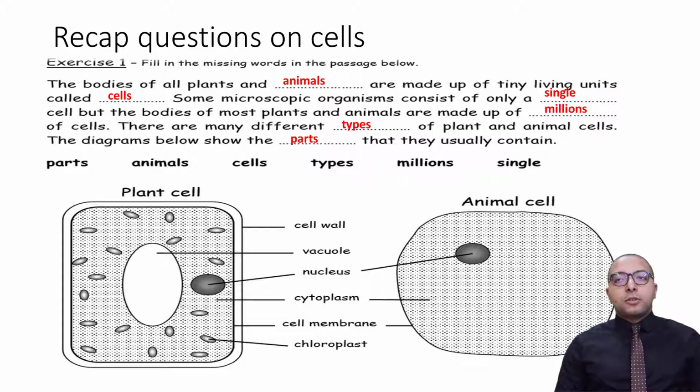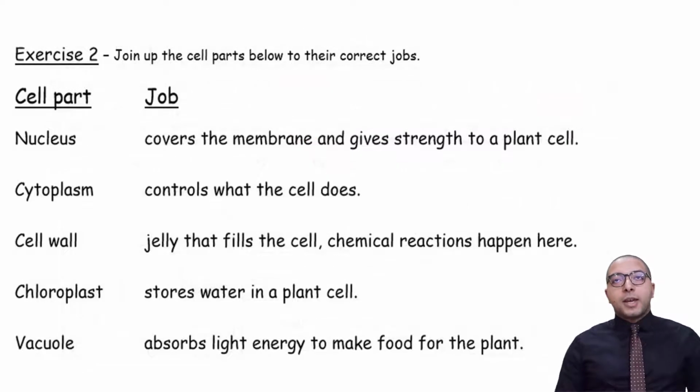They share a nucleus, both of them have cytoplasm, both of them have a cell membrane. While the plant cell has the cell wall, which is not found in the animal cell. It also has chloroplasts, which are responsible for photosynthesis, along with a vacuole, which is responsible for storing the cell sap for the cell.